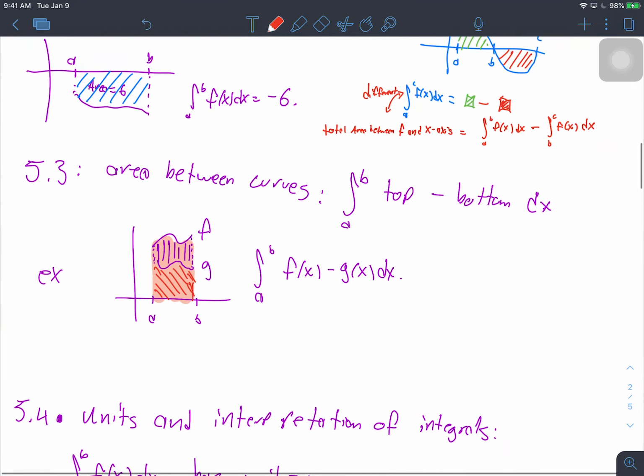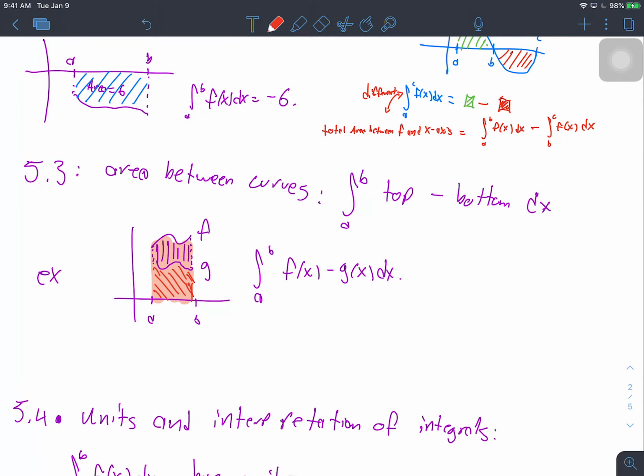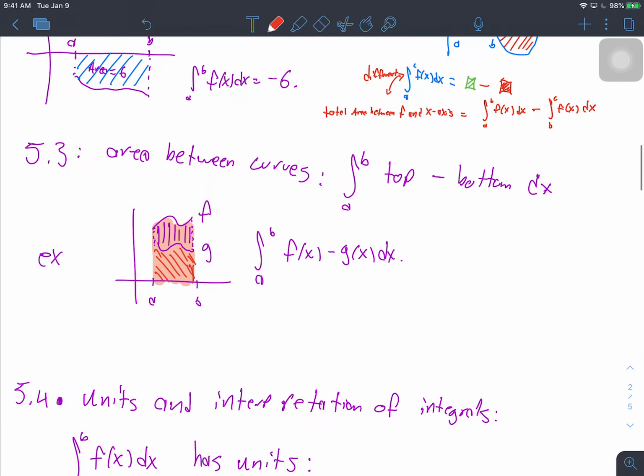So that's what we do when we want to find the area between curves. We just take the integral from a to b and we take the top curve minus the bottom curve. In our case, f was on top and g was on bottom, so we did f minus g.